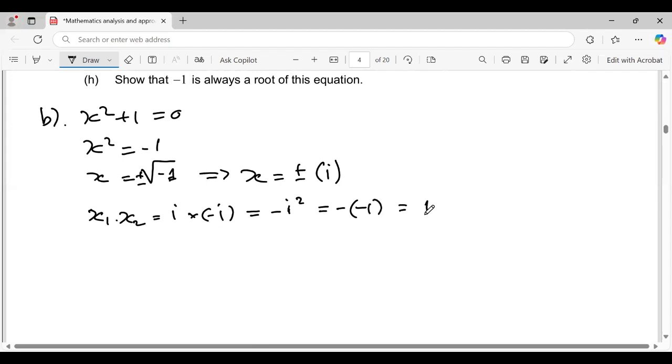So this is positive 1. The product of x1 and x2 is 1, so the complex roots form a reciprocal pair, x1 and x2.